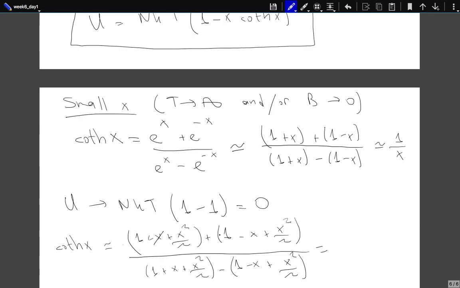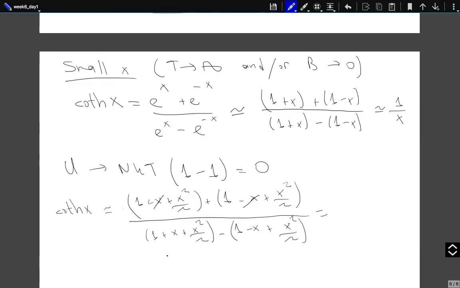In the numerator, these x terms cancel, and what remains is the same, so I can cancel this one and put a factor 2. In the denominator, the 1 cancels, x squared over 2's cancel, I get a factor 2 over here, so the 2's will also cancel. So what I end up having is 1 over x times 1 plus x squared over 2.